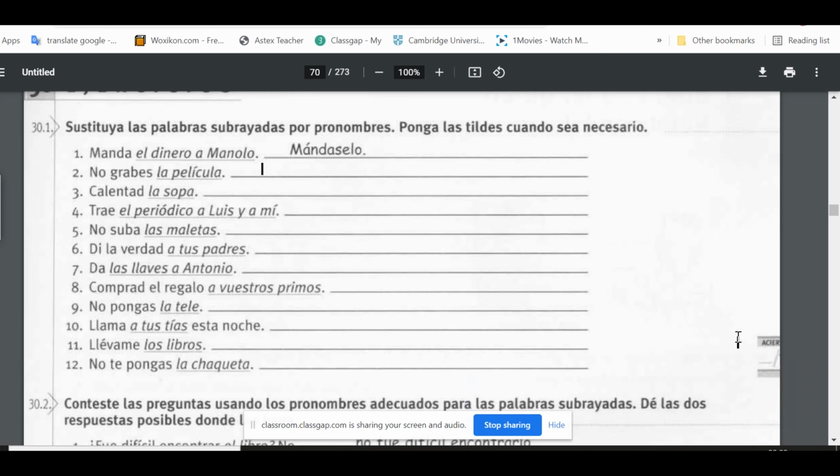Here it is a negative, so in that case the pronoun will be at the beginning: no la grabes. Calentad la sopa. Calentadla. Trae el periódico a Luis y a mí.